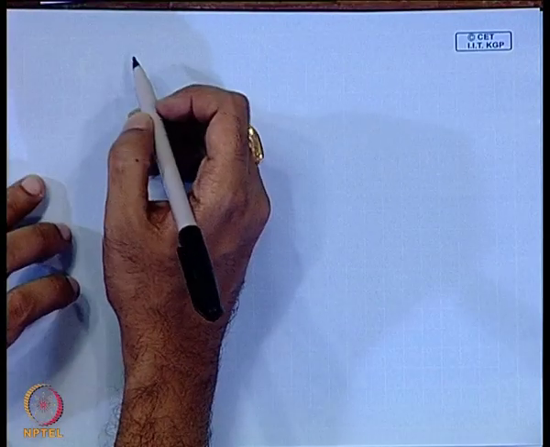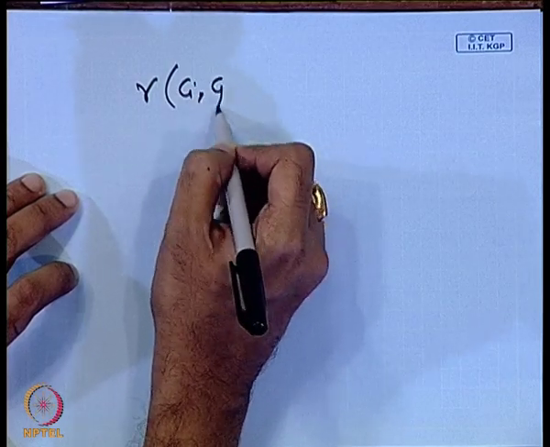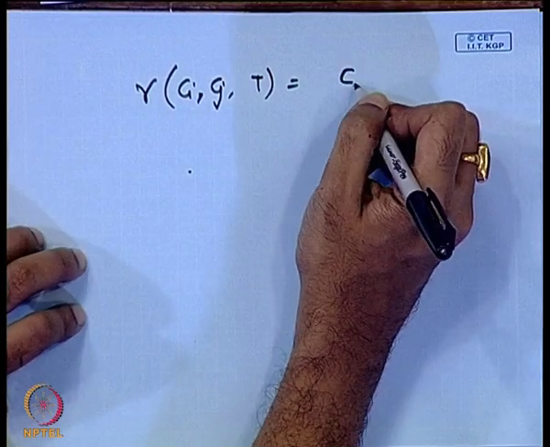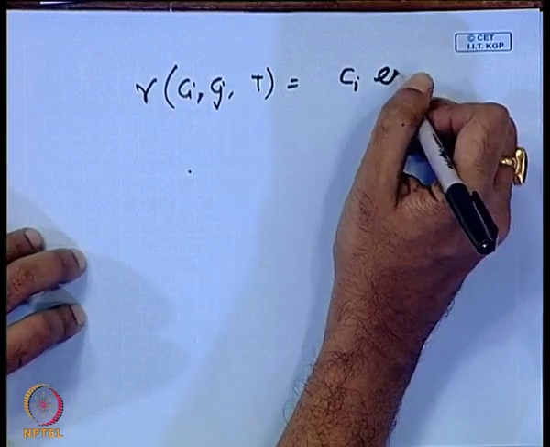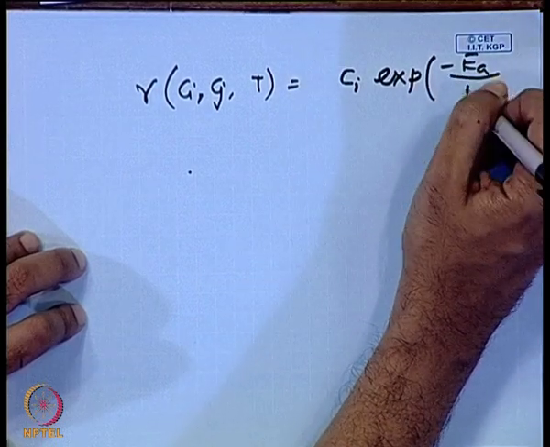Now, how does it help? R, for a first order reaction, is typically Ci times exponential of minus E over RT.